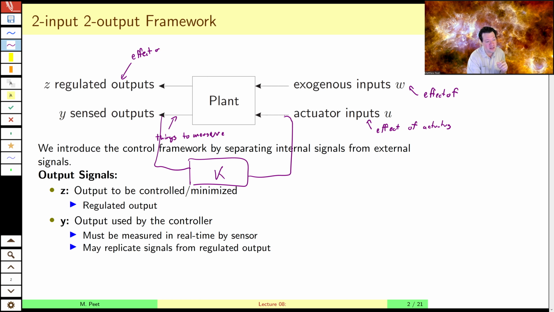Now this may not necessarily be things we want to regulate per se. For example, in the tracking framework, we don't want our output of the signal to go to 0. We would rather want it to go to the reference input. But the regulated outputs as we formulate them here are the things we want to go to 0.